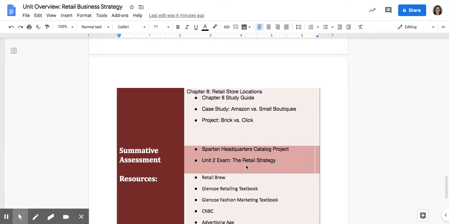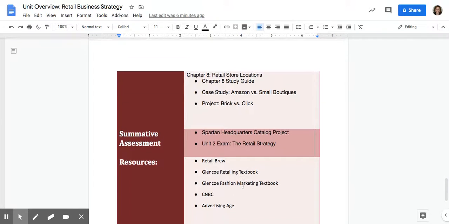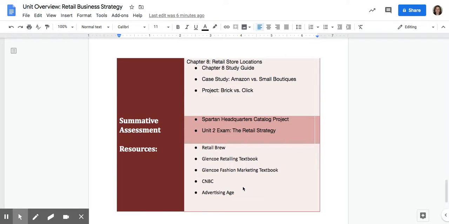So really thinking through who your target markets are and where you're going to be selling your products and your SWOT analysis, etc. Those are some pretty big things that we talk about within this retail business strategy of what works. And the last thing I always use, because I never want to forget what my resources are, are the resources that I use a lot.